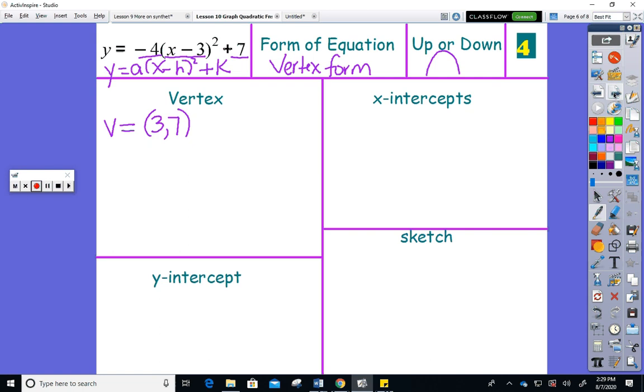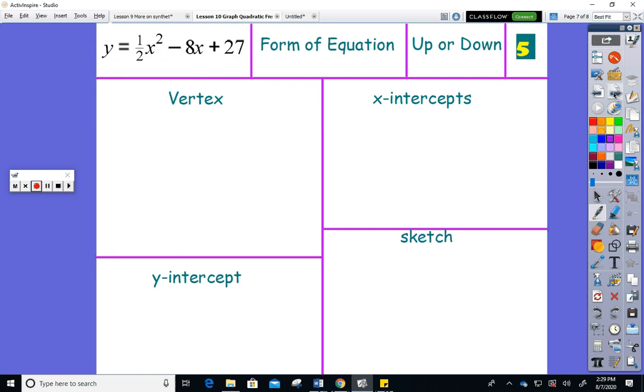We've got 6 total. On this one, can you see it's in the form y equals ax squared plus bx plus c? And that is standard form. Are you seeing that the a is positive 1/2, so it opens up?